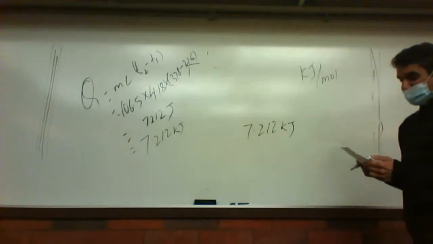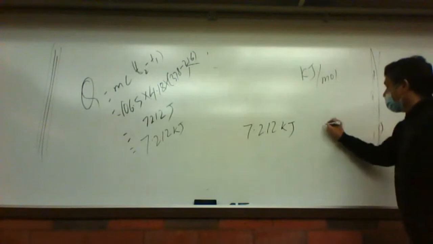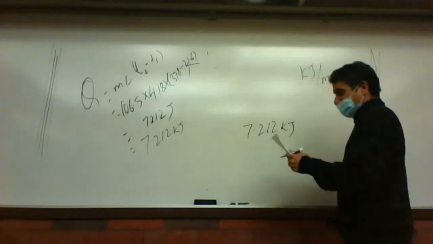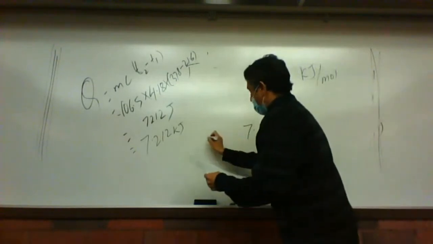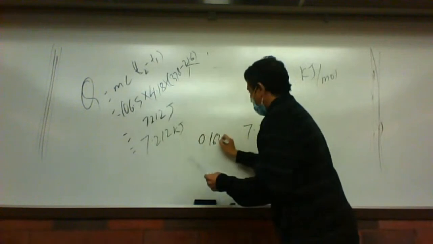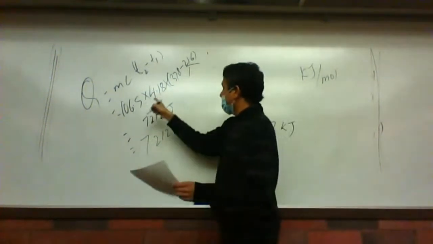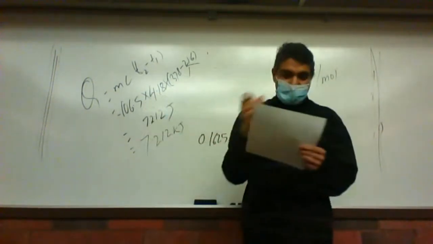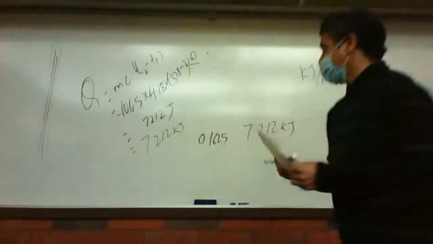That 6.50 grams is 0.1625 moles. So this heat is produced from 0.1625 moles.